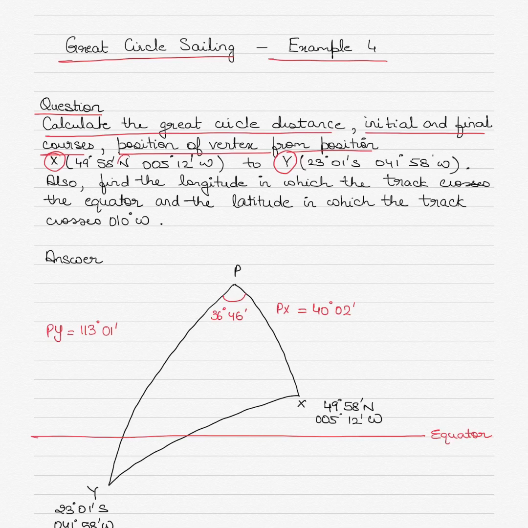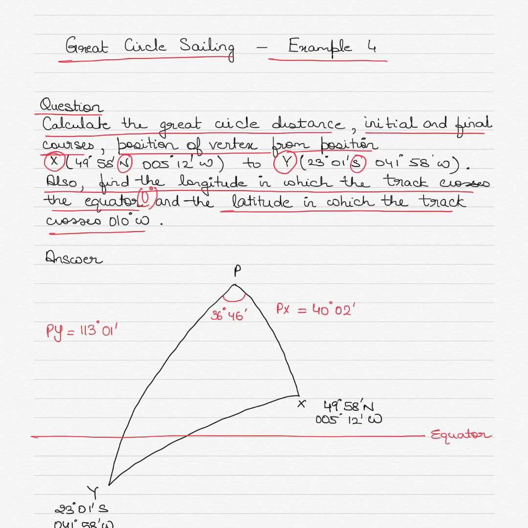One of the latitudes lies in the north hemisphere, the other in the south hemisphere. Both the longitudes are in the western longitude. You also have to find the longitude in which the track crosses the equator, that is 0 degrees of latitude, and the latitude in which the track crosses the longitude of 010 degrees west. Alright, so we'll go in that order.